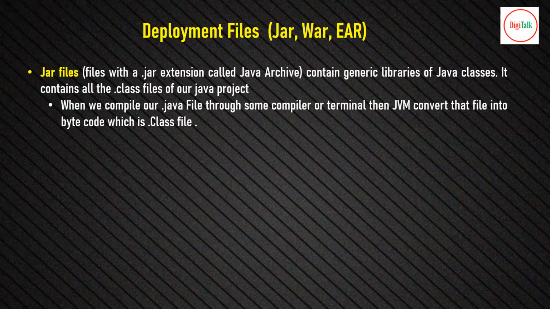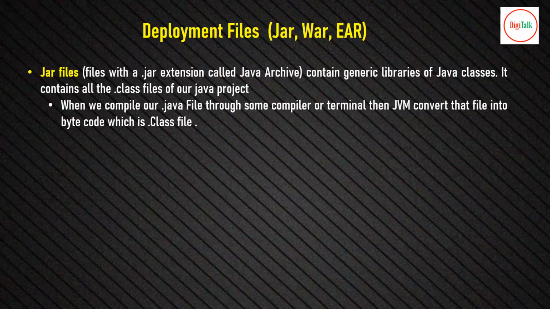So instead of zipping that same code every time in every file, it is a good idea to deploy your common code as a JAR file, or a library file, and then you can call that library inside all of your different EAR or WAR files, wherever you want to call it. So this is called a JAR file, which comes with a .jar extension.